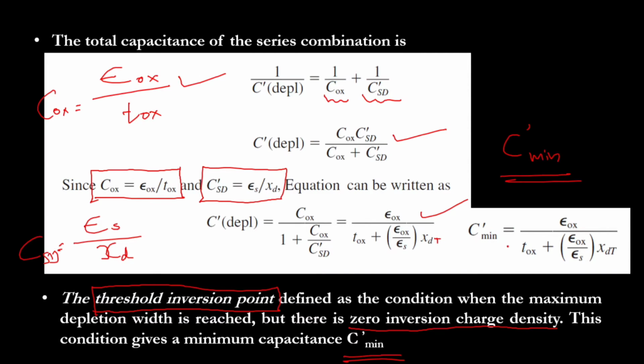That's what this expression says. That means the depletion region is maximum, and if I increase the positive voltage further, inversion takes place. But at this threshold inversion point, the inversion charge density is zero and the depletion region width is maximum.